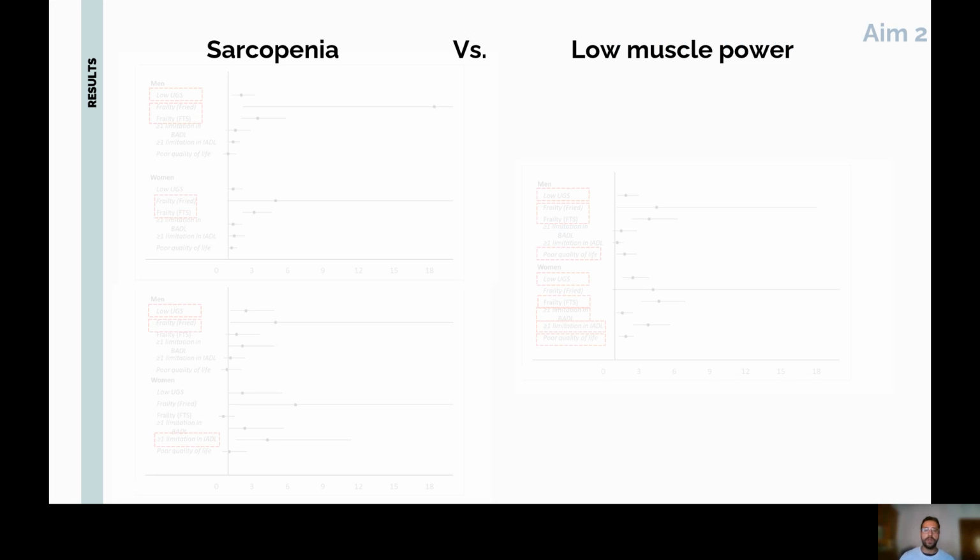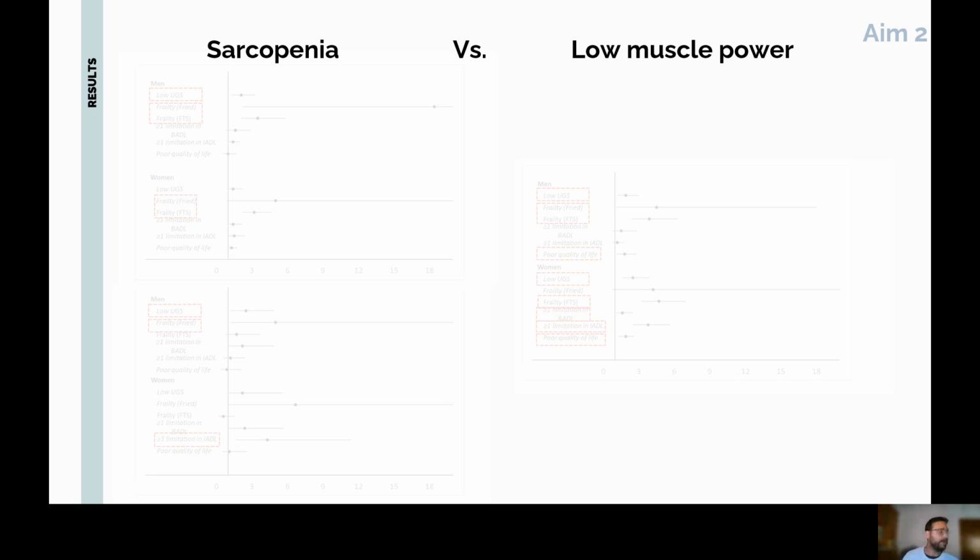When comparing sarcopenia with low relative muscle power, according to the risk of different health outcomes, we see that probable sarcopenia in the upper panel and low relative muscle power have a similar ability to predict the risk of, for example, frailty and low usual gait speed, or disabilities in more than one activity of daily living.